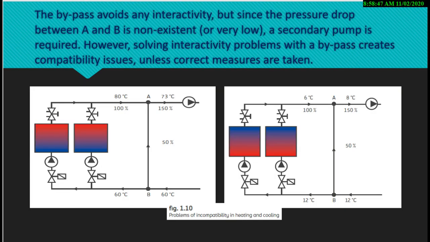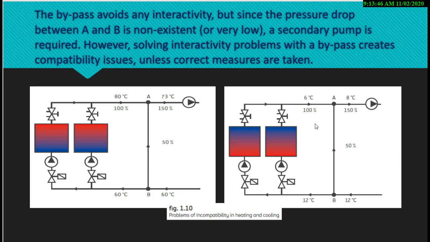The bypass avoids any interactivity, but since the pressure drop between A and B is nonexistent or very low, a secondary pump is required. However, solving interactivity problems with a bypass creates compatibility issues unless correct measures are taken. In this example, the secondary pump is oversized and the distribution takes up 150% of the flow rate, while the production is only 100%.